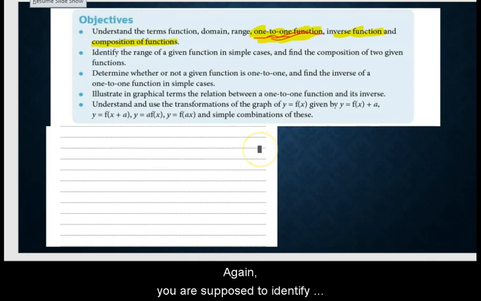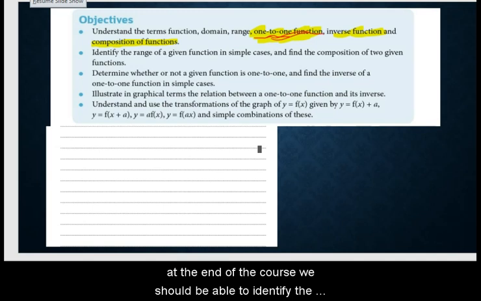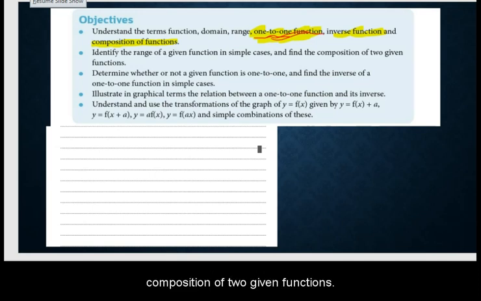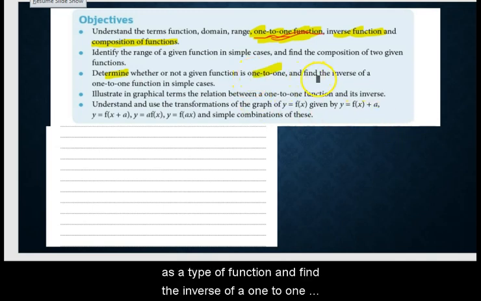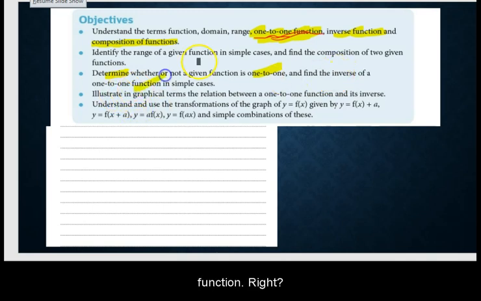At the end of the course, we should be able to identify the range of a given function in simple cases and find the composition of two given functions. Determine whether or not a given function is one-to-one as a type of function, and find the inverse of a one-to-one function. It is a very elaborate topic.